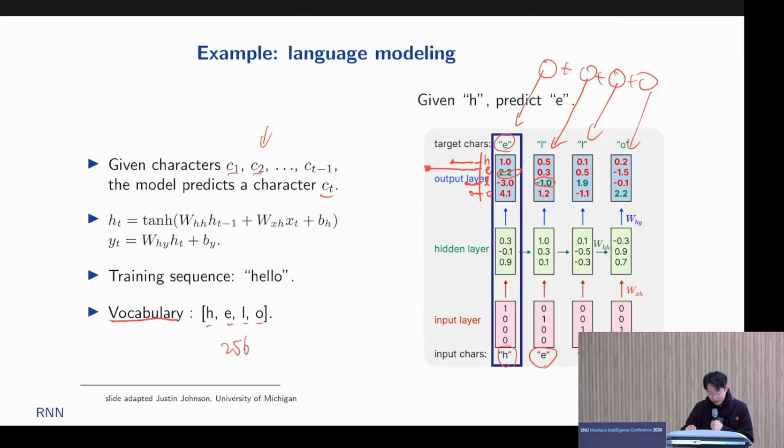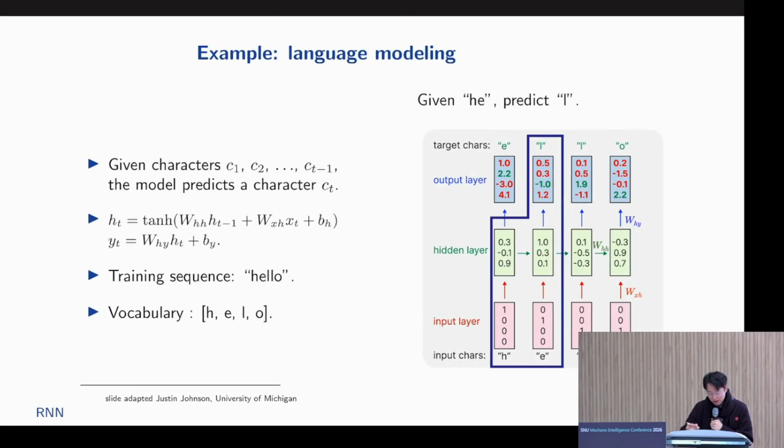And I already explained this. So here you insert H, and here you output a score for the next character. And then you input the next character E and compute it again. But the idea here is in RNNs, the previous hidden state update already encodes information about the past.